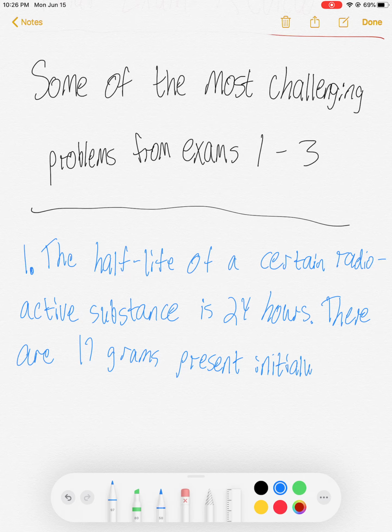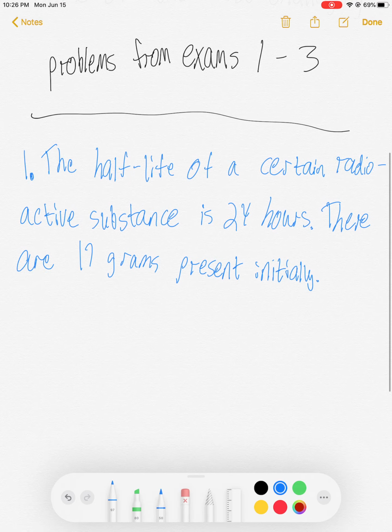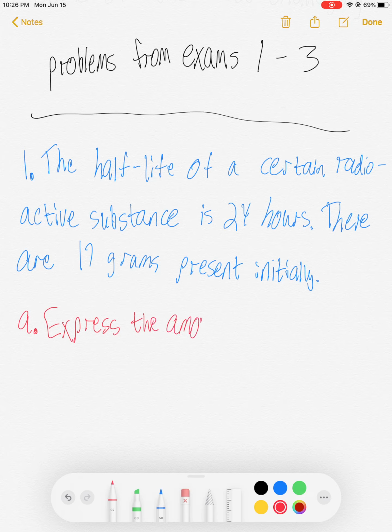There are 17 grams present initially. There are 17 grams, not that kind of gram, not like a graham cracker, you silly goose. Like the weight, grams, present initially. Okay, so that is the setup.